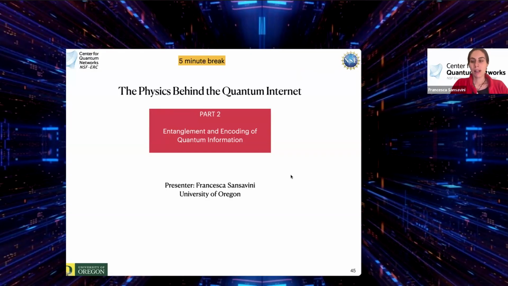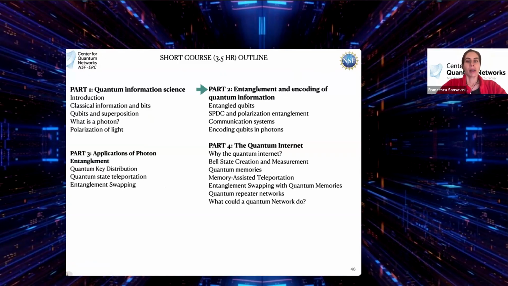Okay, welcome back. So we will start now part 2, and we will talk about entanglement and encoding of quantum information. We have seen with Mike what classical information and bits are, what differentiates bits from qubits. We have seen what superposition is, and we have focused in particular on photons and polarization of light.